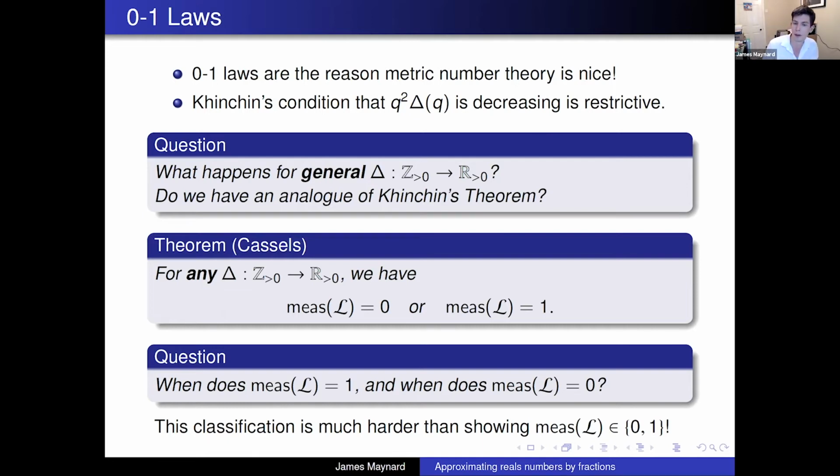So the natural question, given Cassels' result, is, okay, so when does it have measure 0 and when does it have measure 1? In Hinchin's theorem, we had a very nice criterion, depending on whether some sequence converged or diverged, to tell us which of the two cases we're in. But it turns out that it's much, much harder to be able to tell whether you're measure 0 or measure 1, rather than just to simply prove that you must be either measure 0 or measure 1.